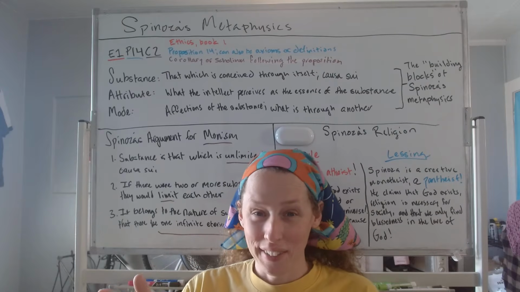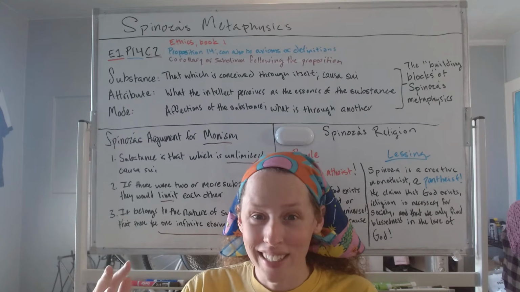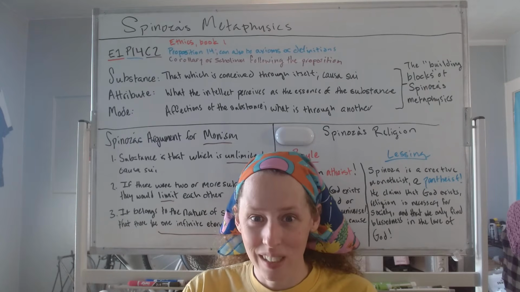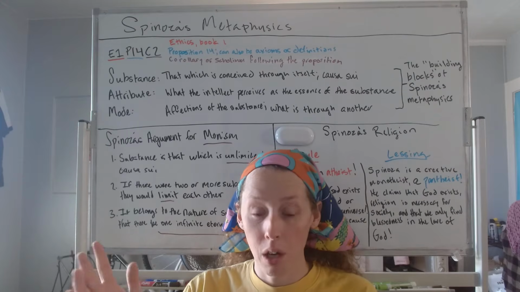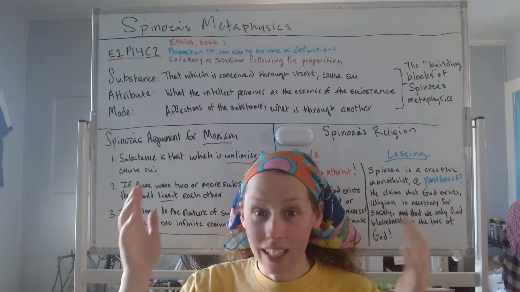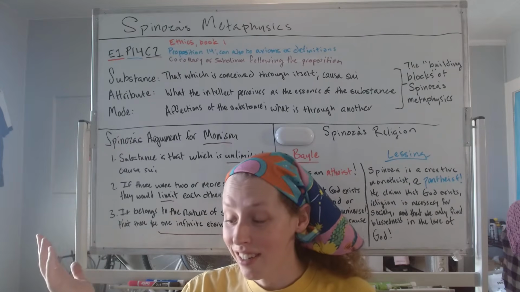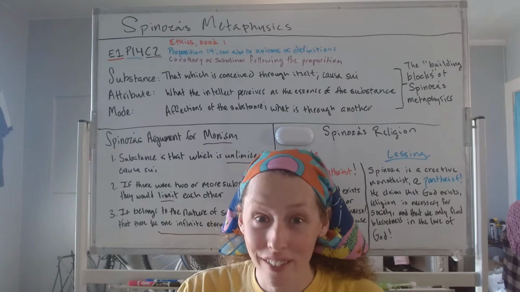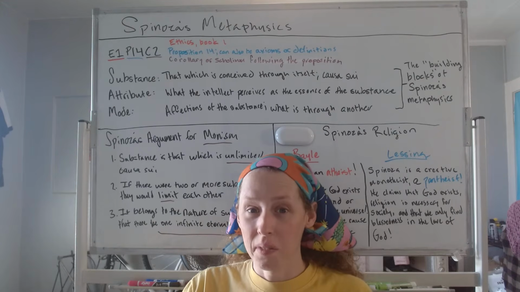Now, Spinoza starts the Ethics with a lot of definitions and axioms. And it can be really, really hard to get a handle on what Spinoza's vocabulary means in this context. You don't have a lot of explanation. You're simply given these definitions that Spinoza thinks are self-evident.